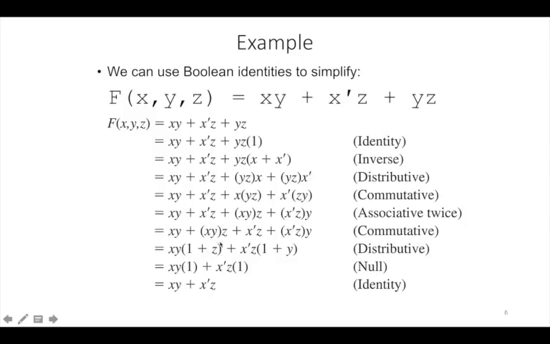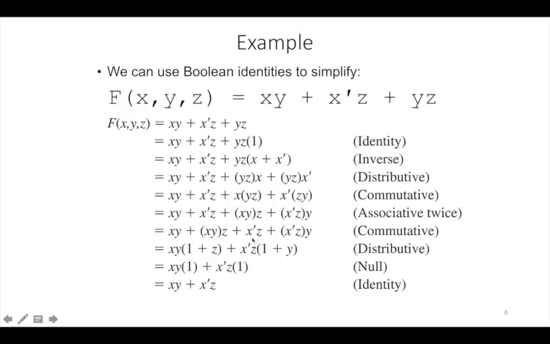And then the next step, we use the distributive law, so we can put yz outside right here, and inside we have the 1 OR with z. So the first two components of the Boolean function can be transformed into yz AND with 1 OR z.